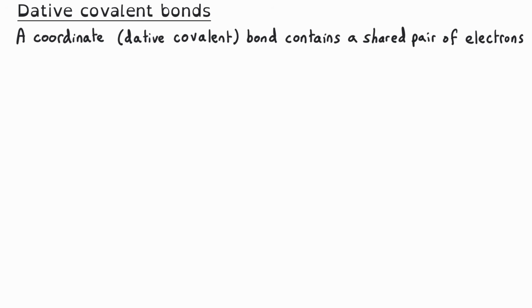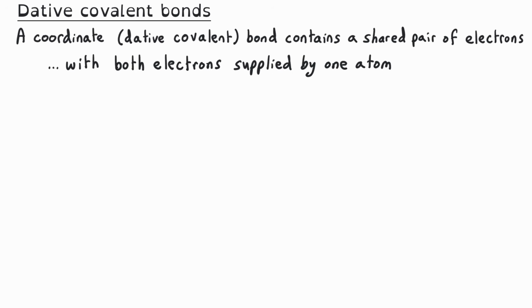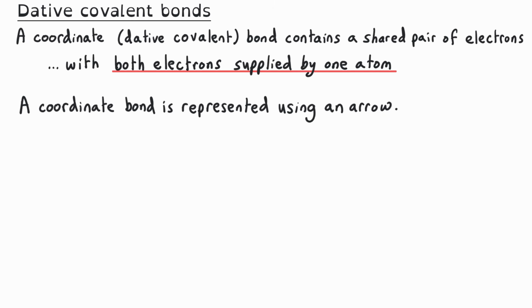Dative covalent bonds, also known as coordinate bonds, contain a shared pair of electrons in the same way as a regular covalent bond. The difference is that in a dative covalent bond, both electrons in the pair are supplied by one of the atoms. To distinguish it from a regular covalent bond, a coordinate bond is represented using an arrow instead of a line.